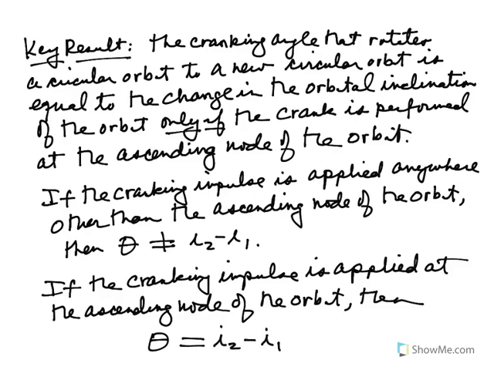And that's really important because if you apply the cranking impulse at the wrong point, it's a less efficient crank. So you want the crank to equal the change in orbital inclination. So it's desirable that theta equals I2 minus I1.